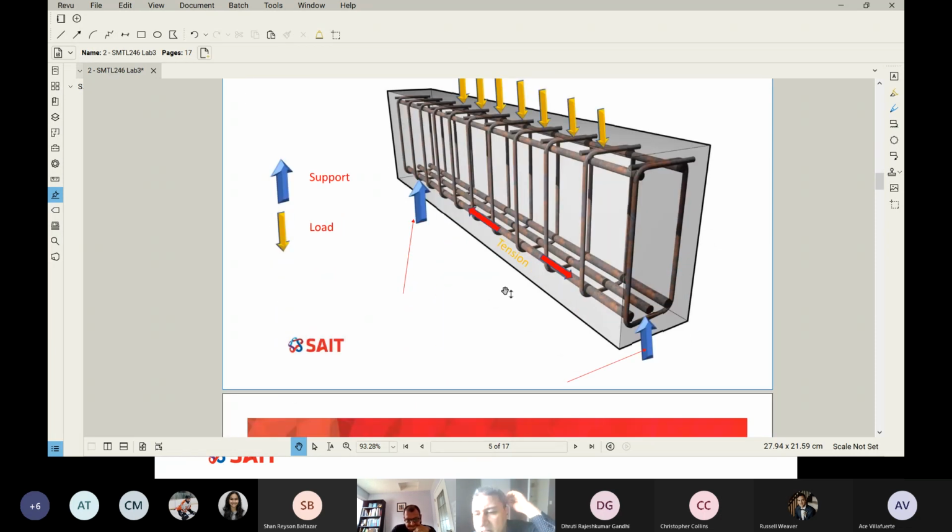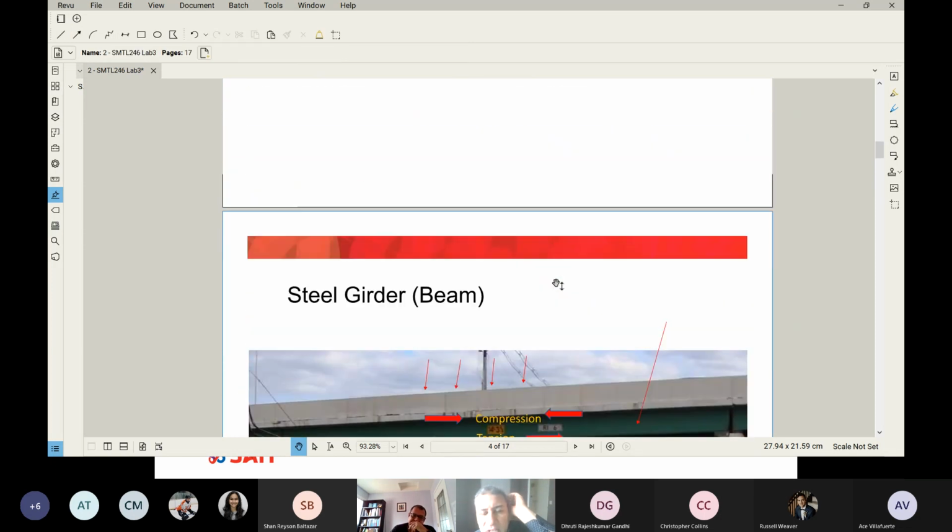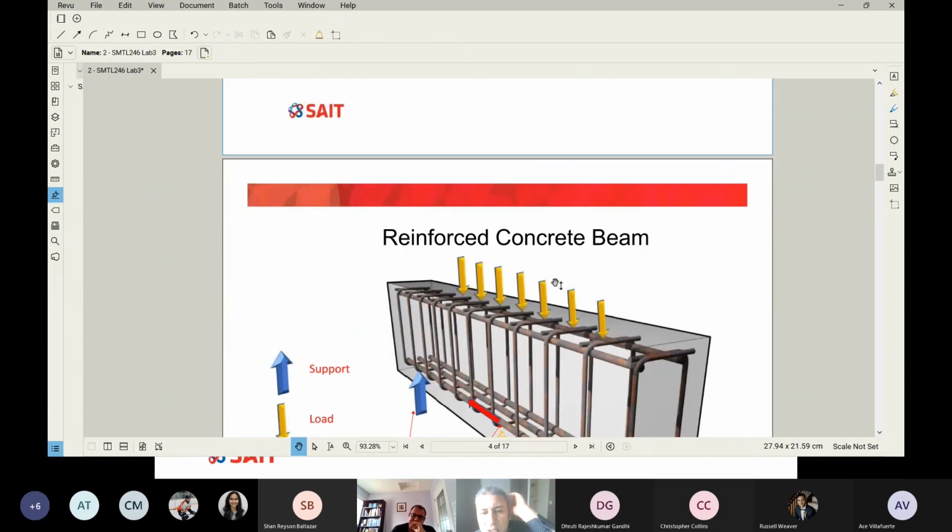If concrete is bad in tension, what can we do? The answer is on the slide. What we do is we simply add those 3 bars on the tension side to take care of all the tensile stresses. So you can see here, you've seen several locations where tension exists in our structures.